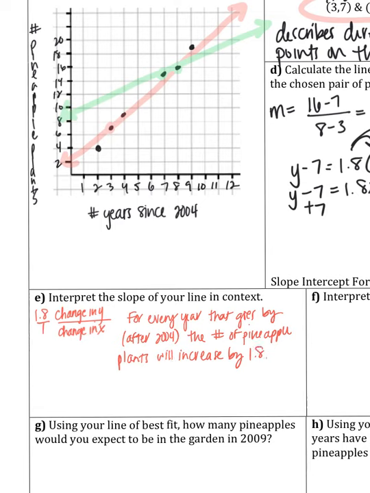So remember the key here is for every 1 change in x, what happens to y? Here we have a positive slope, so both are increasing. As the years increase, the number of pineapple plants increase.